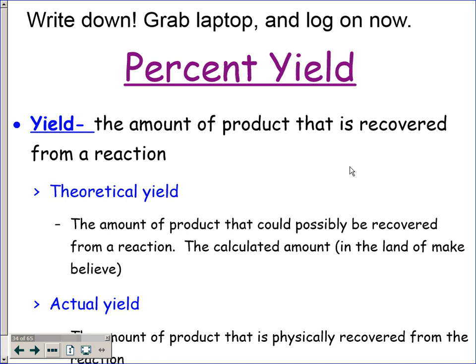All right, while this is logging in, please go ahead and write down what's on the board. Unfortunately, I'm talking a lot for the next day and a half. While your computer's booting up, please.